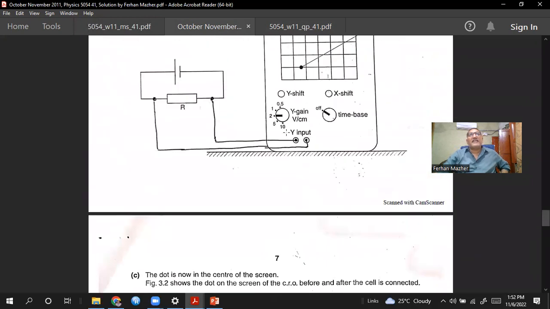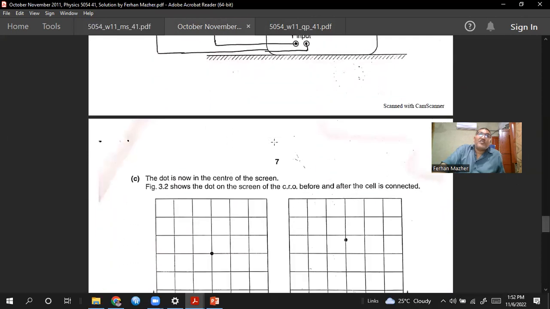From this setting, you can see that the Y gain is set on 2 volts per centimeter, which means 1 centimeter represents 2 volts.